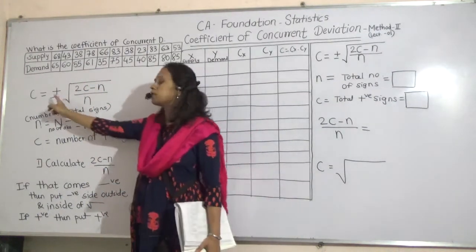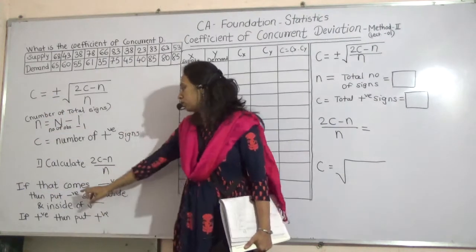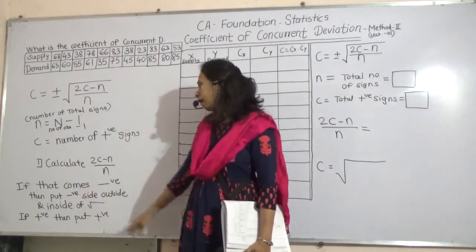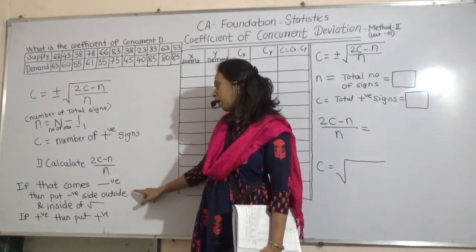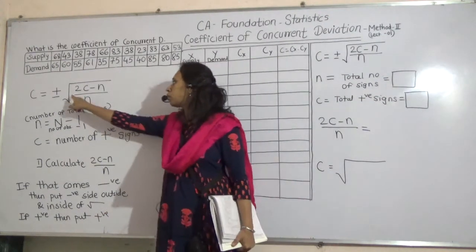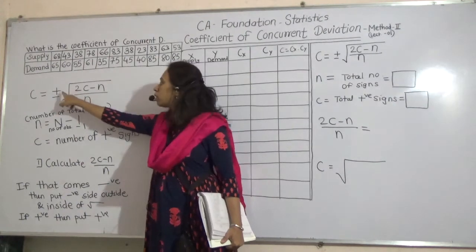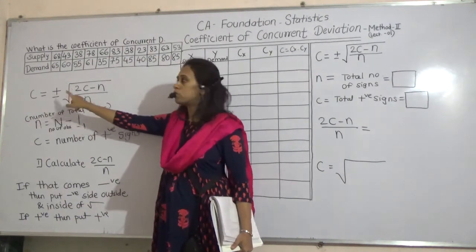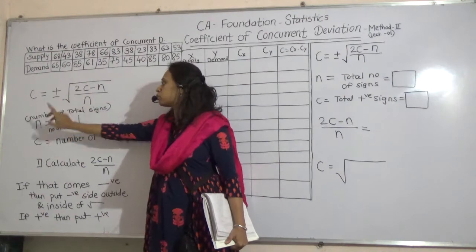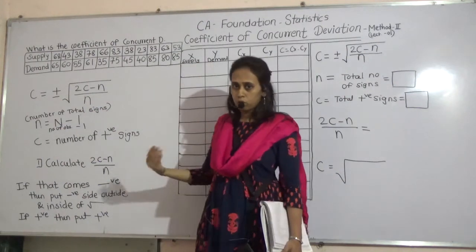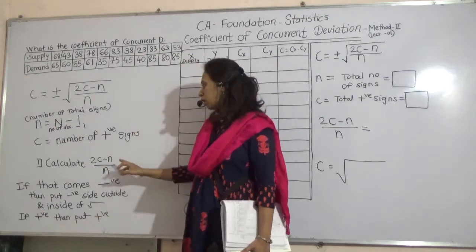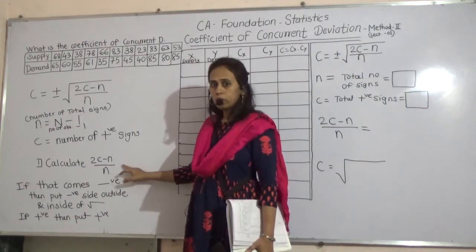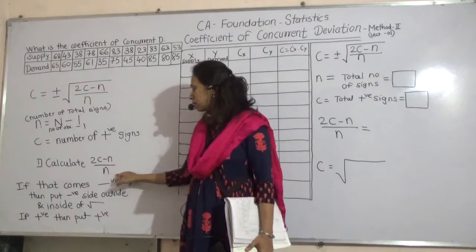Now the problem is with signs. The rule says that if the value inside the square root comes negative, then put a negative sign outside it. If it's positive, take positive. Understood about the sign? Whether to take positive or negative depends upon the answer you get after calculating this part.